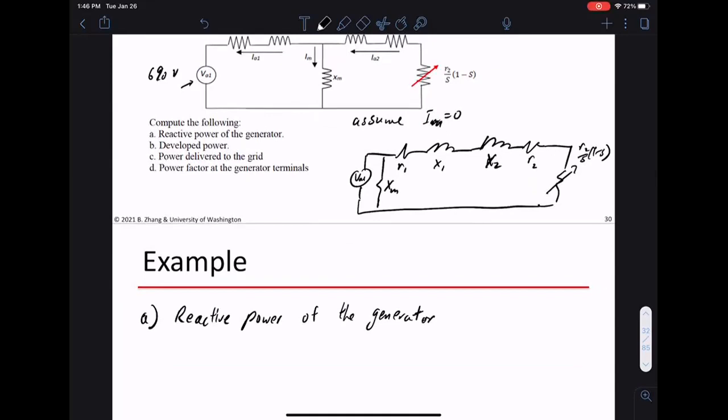So what is the first step if I want to find the reactive power? Anybody? If I want to find the reactive power in this circuit, what's the first thing I find?